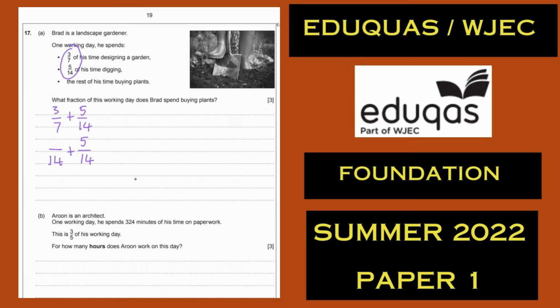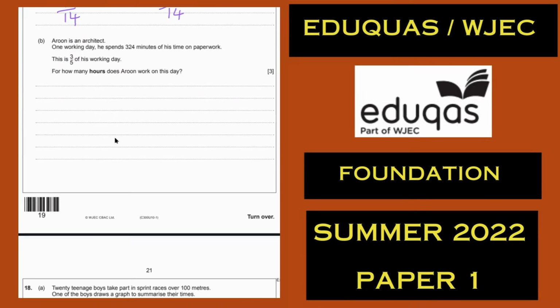From the first fraction, double the numerator and denominator, double the top, double the bottom. You get 6, which means designing and digging takes up 11/14 of his time. So buying plants is the rest. So obviously the numerators should add up to 14.